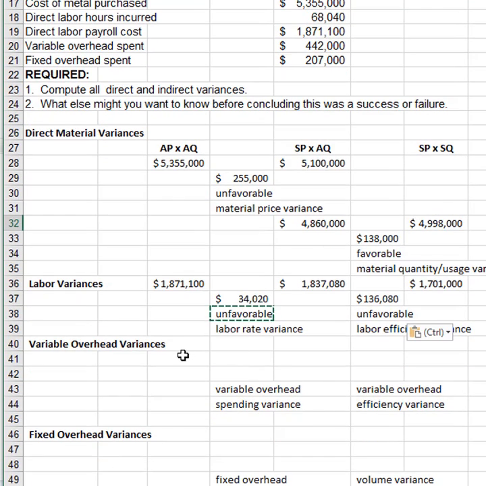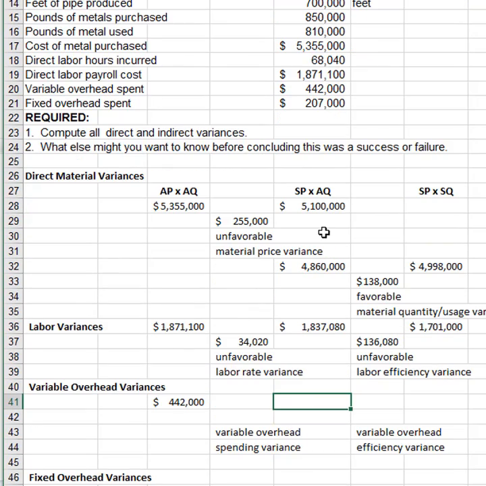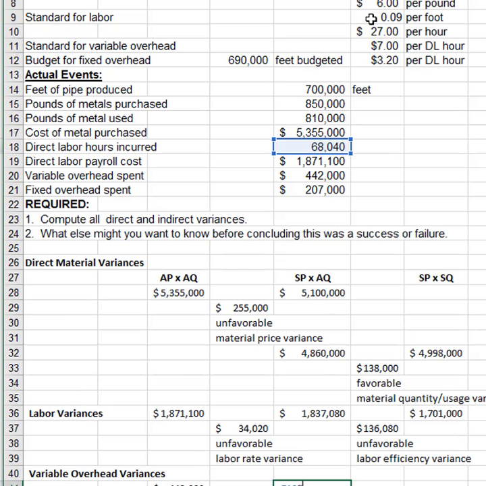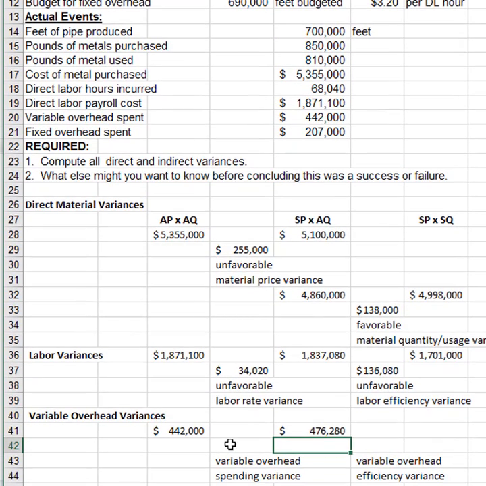And then for the variable overhead variances, we have what was spent, and then for the middle term, the variable overhead is spread based on labor hours. So the middle term would be the actual labor hours times the variable overhead rate per hour. And so your spending variance, in this case, is favorable.